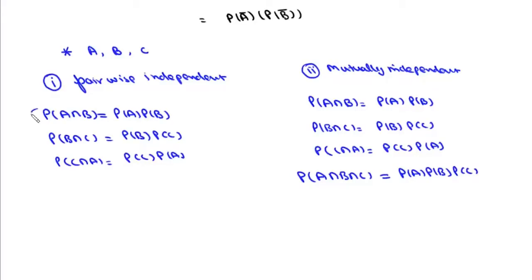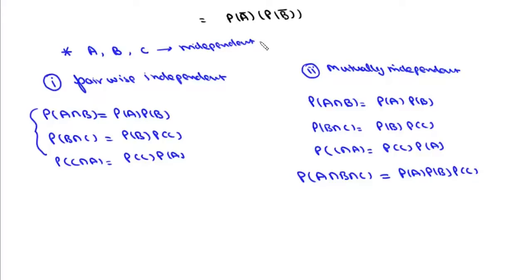So if these three events are pairwise independent, we'll have these three conditions. But in this case, probability of A intersection B intersection C may not be equal to PA into PB into PC. But if they are mutually independent, then we'll have this condition. And if generally nothing is given, it simply says A, B, C are independent.